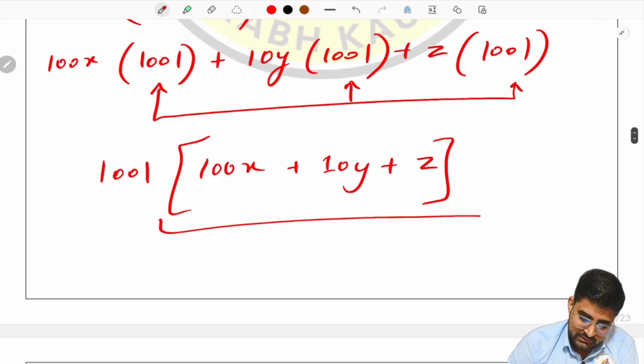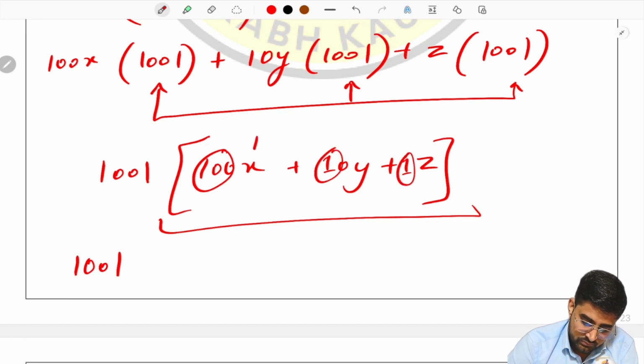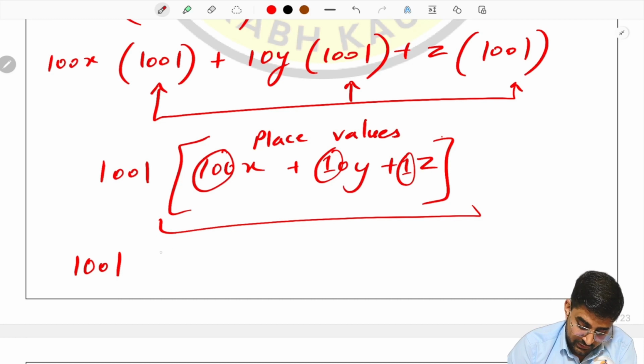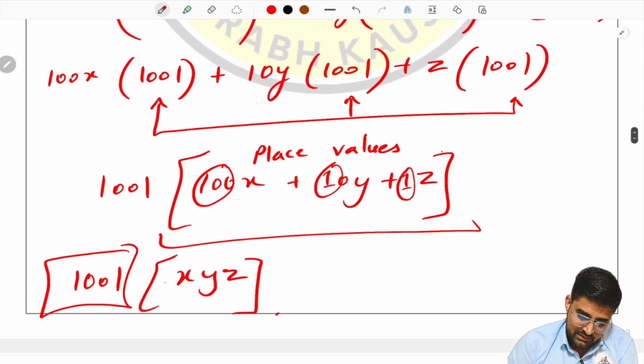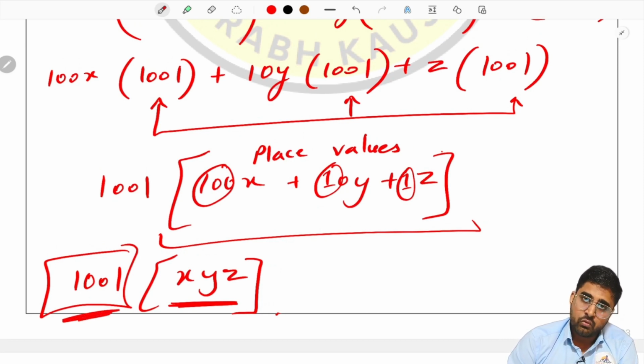And what this basically means, these are the place values. So when you write this, it becomes xyz only. So every number which repeats is going to be multiplied with 1001 and the number itself.